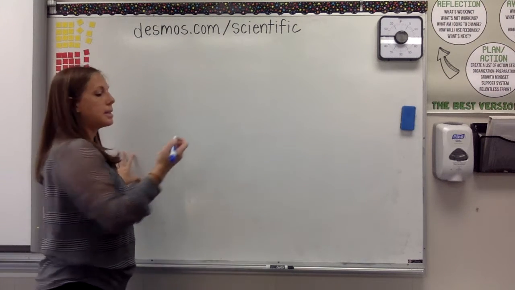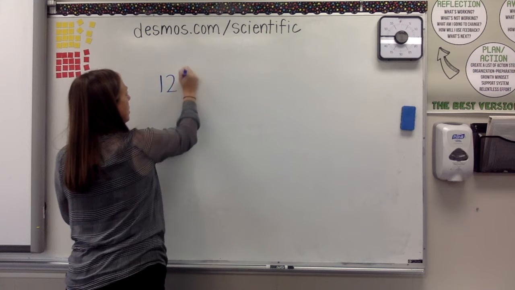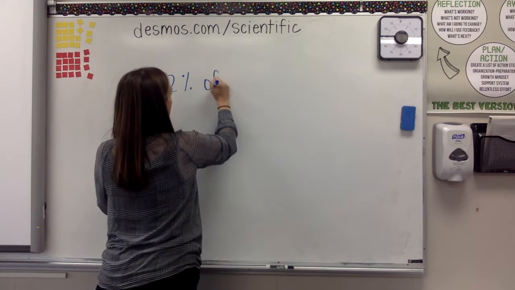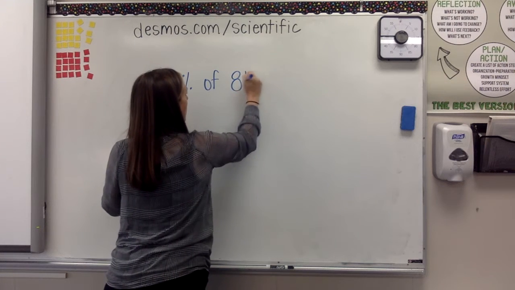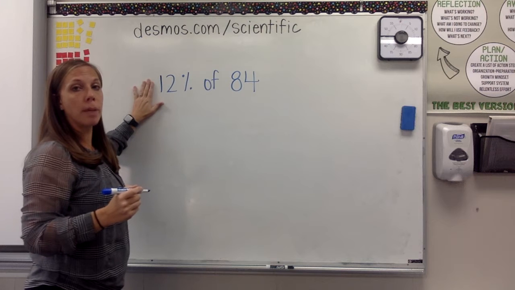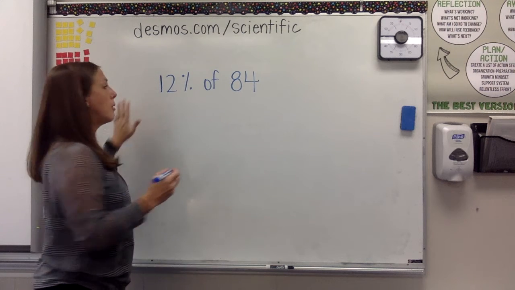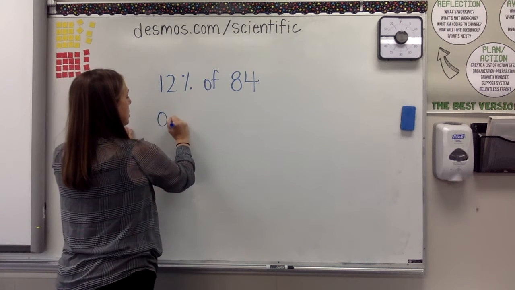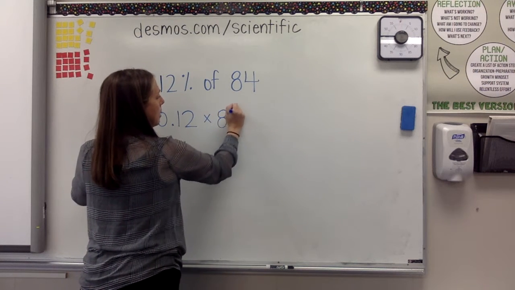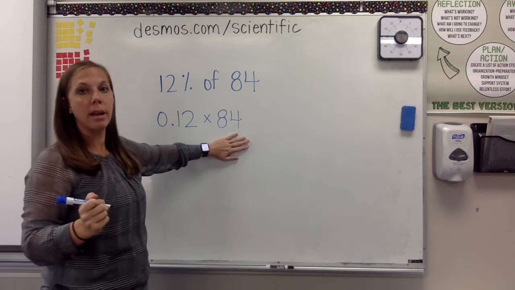So for this one, let's find 12% of the number 84. So I'm going to start by turning my percent into a decimal. 12% written as a decimal is 0.12, and I'm going to multiply it by my quantity of 84.